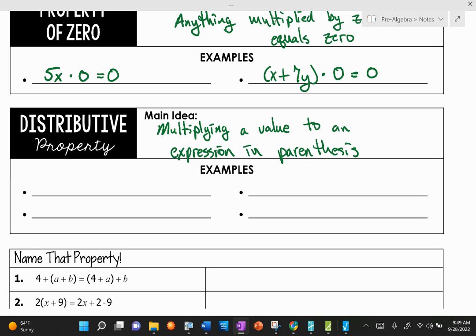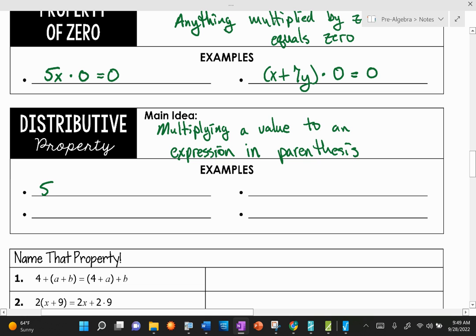That's not an in. Why would you write the I like that? We're going to say multiplying a value to an expression in parentheses, because context clues are impossible.